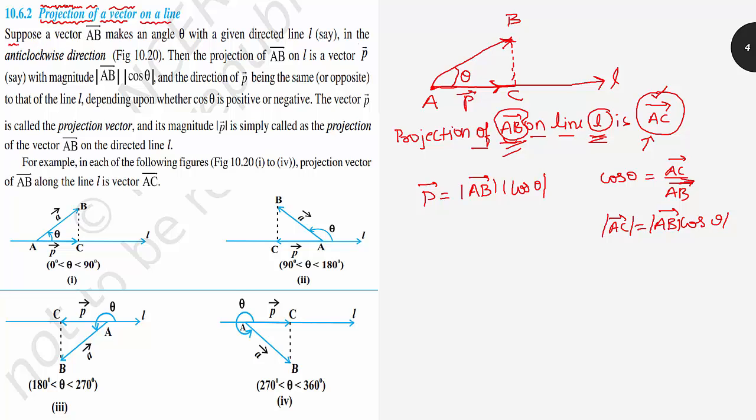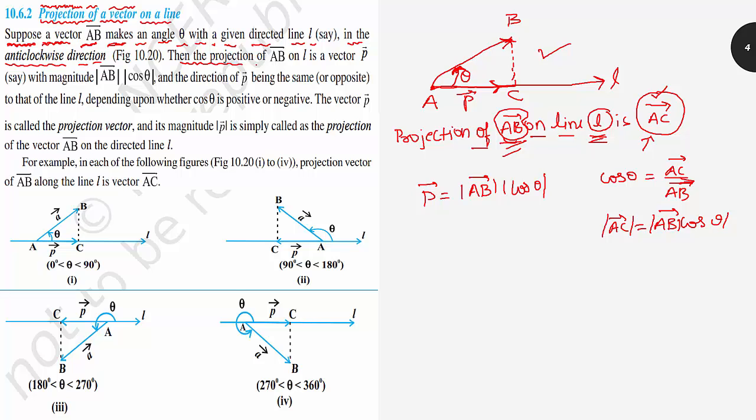This whole explanation I have already explained with this diagram. If you want, let us see it again. See what they are telling. Suppose a vector AB makes an angle theta with a given directed line L. That means AB is making an angle theta with line L in the anti-clockwise direction, that is what we have considered here.